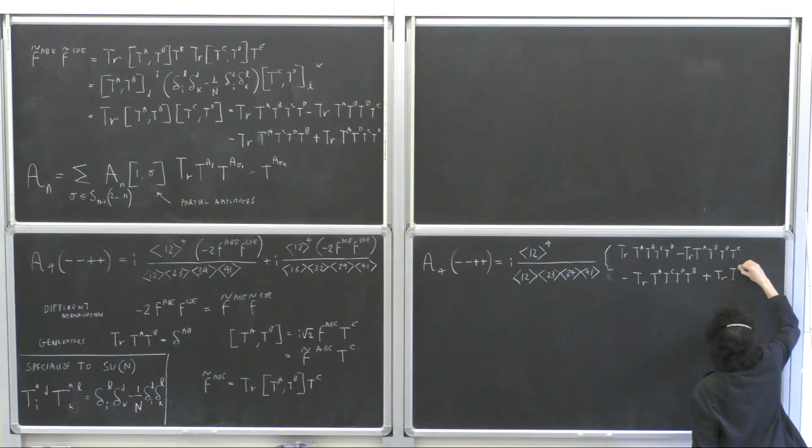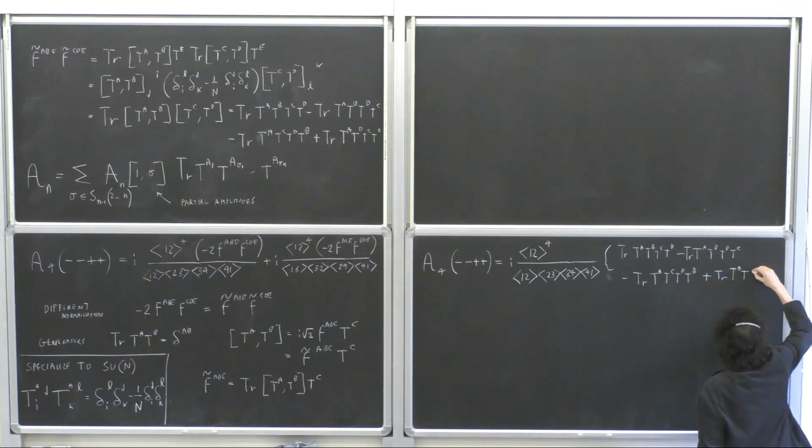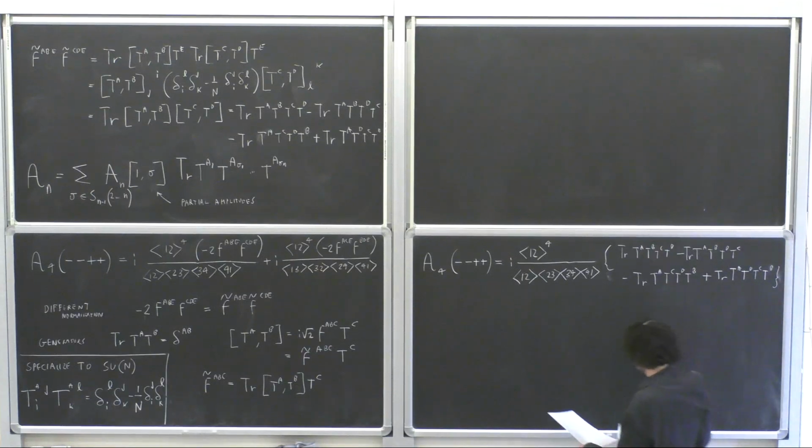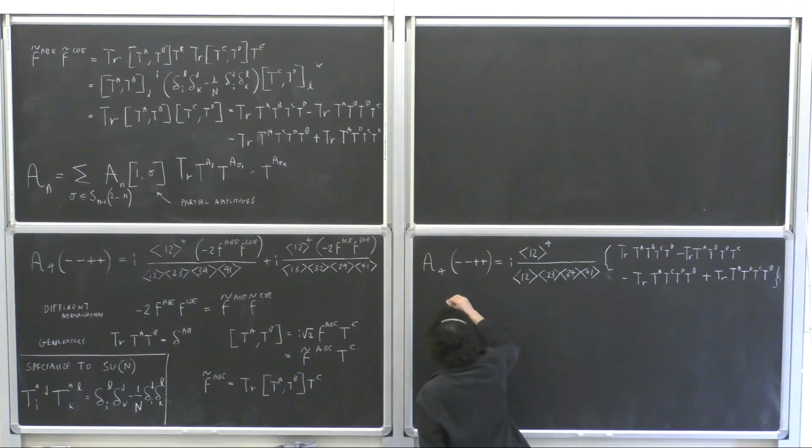And this is really just keeping track of the various terms. So the complexity here is just keeping track of the permutations.